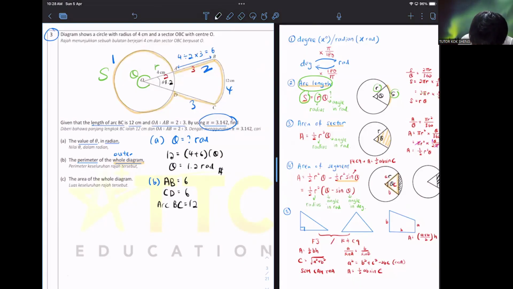For this theta, you are using the total radian, 2 pi. Total radian for one whole circle is 2 pi, minus 1.2 radian. And be careful when you press the calculator, you have to press pi as 3.142.